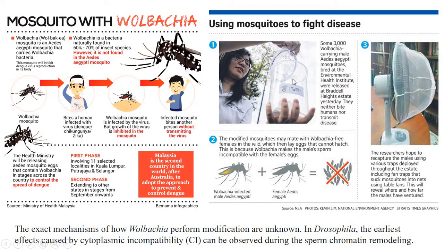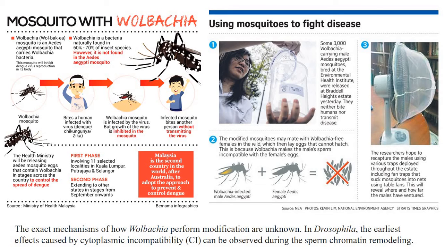She's releasing these males, expecting that these Wolbachia infected males will mate with uninfected females, leading to cytoplasmic incompatibility, and that will result in no eggs produced by these females.